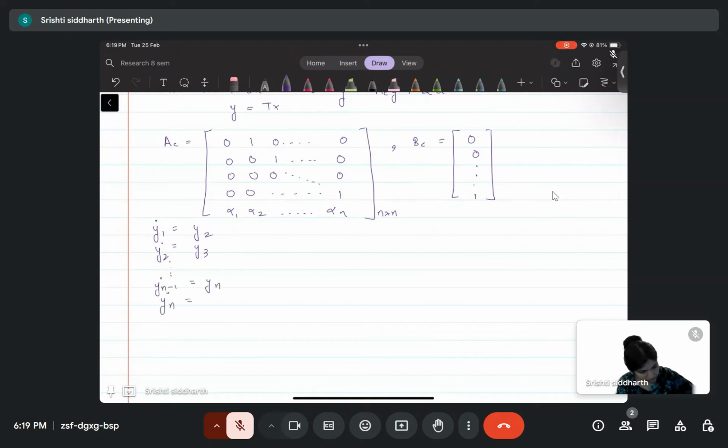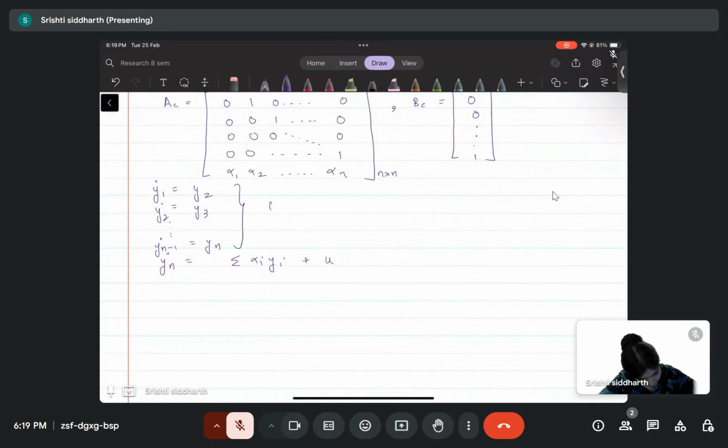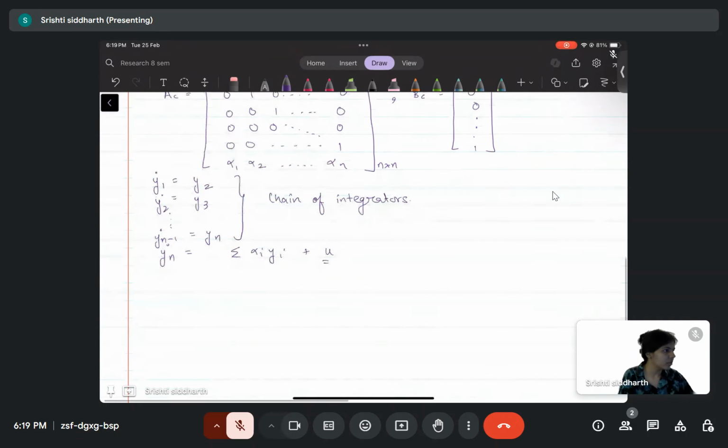And yn dot is summation of alpha i yi plus u. So this implies that we have a chain of integrators, and the input is present only in the last state. Alright, so this is known as the CCF form.